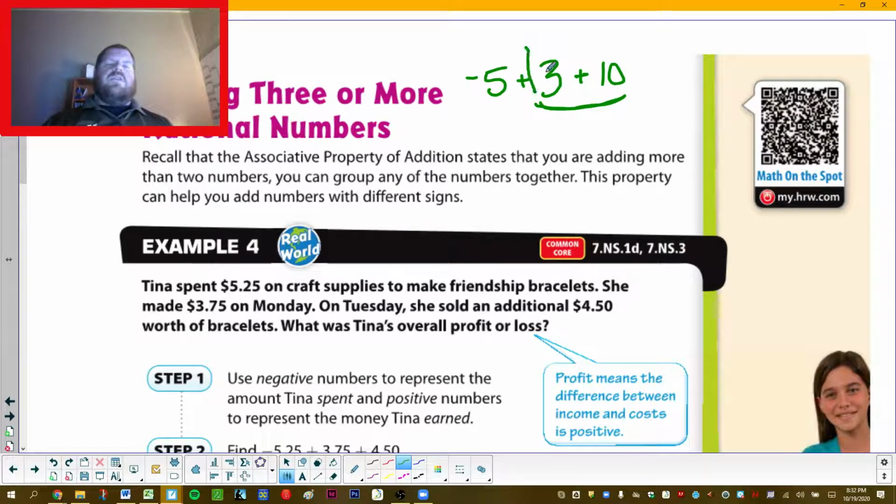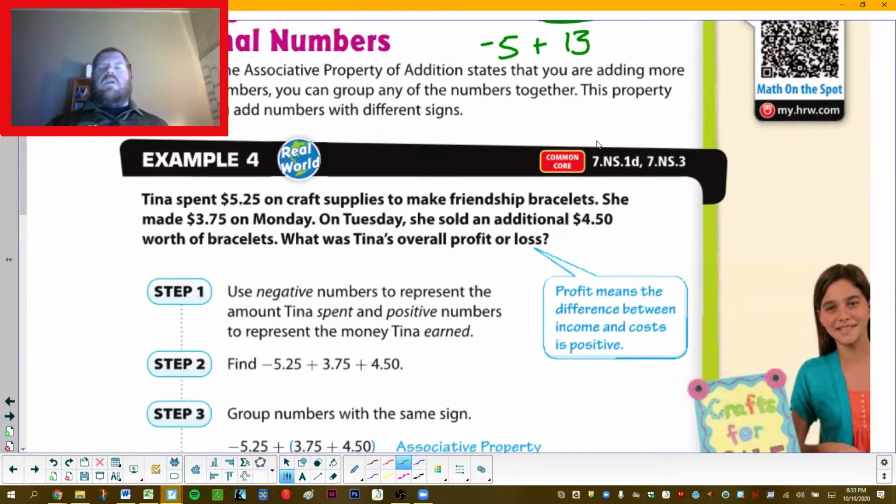Associative property says that I can do that. I can group the 3 and the 10, figure those out. Since it's all addition, I can do that. Okay, I can group those together, get 13, and then deal with 13 plus negative 5, or negative 5 plus 13. Okay?